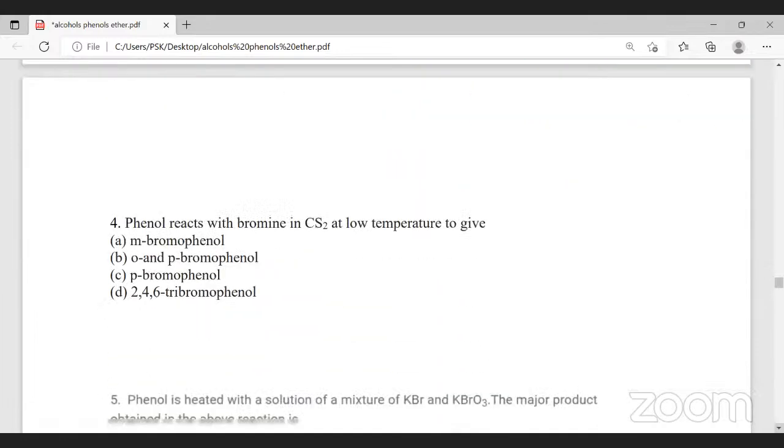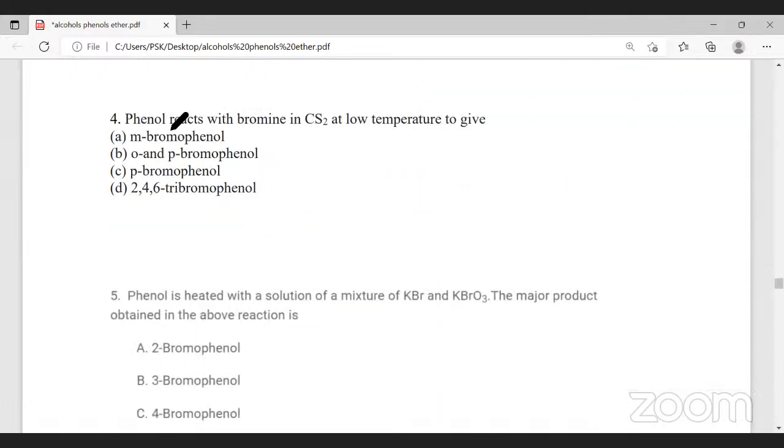Phenol reacts with bromine. Just now we learned. Phenol reacts with bromine in carbon disulfide or carbon tetrachloride or solvent. At low temperature, it'll give you what? A mixture of ortho and para.